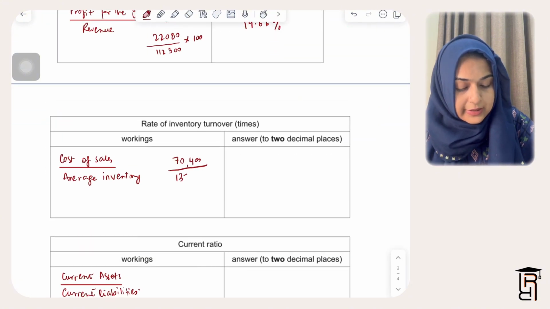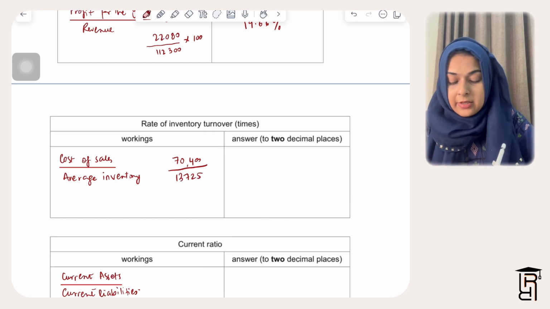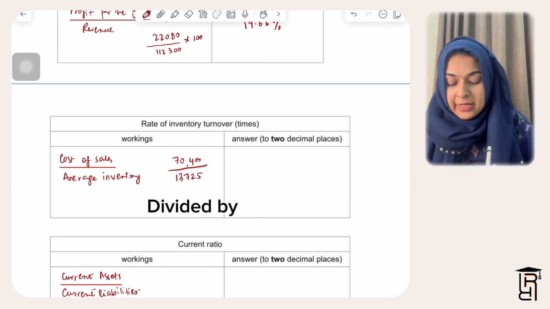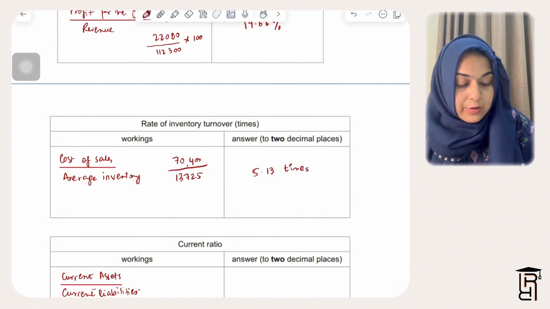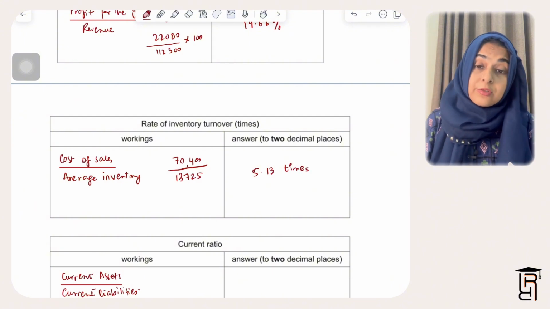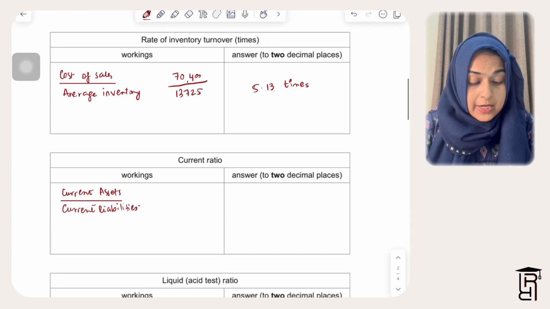So I'll write here 13,725. Then I'll do 70,400 divided by 13,725, which will give me 5.13, and I need to write here times, because rate of inventory turnover is always calculated in times.